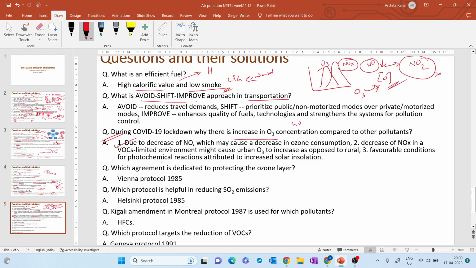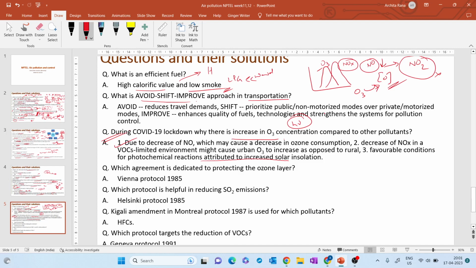favorable conditions for the photochemical reaction, which increase due to increased solar insolation. Now, if there is no pollution in the atmosphere, what will happen? Whatever the sun radiations are, they come directly. So the idea is that this hν is stronger compared to when there is pollution, because when there is pollution there are a lot of particles to absorb this solar insolation.